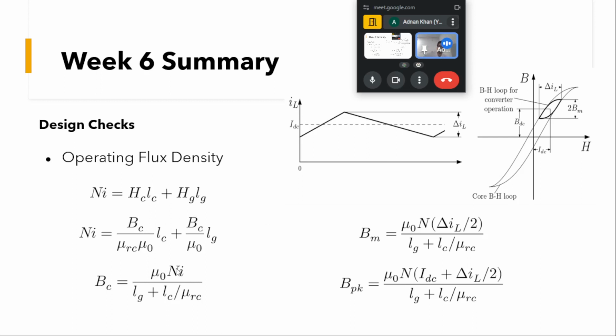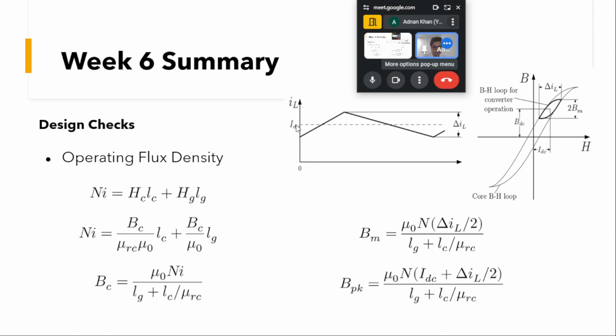One thing is, first we have to see the peak value of the flux density, because we don't want our peak to exceed the saturation limit. Otherwise our core can get saturated, because our working flux density should be lower than the saturation flux density. So here, if you can see, take an example of a DC-DC converter.